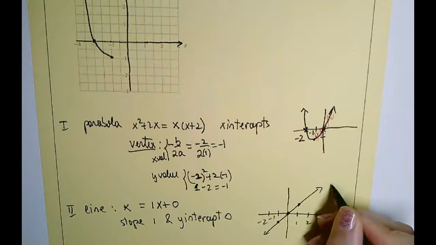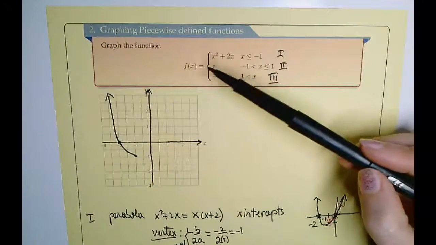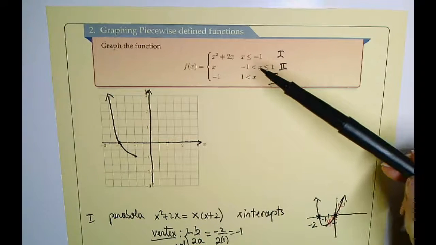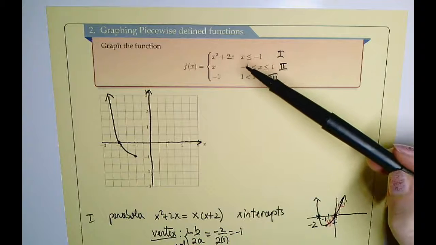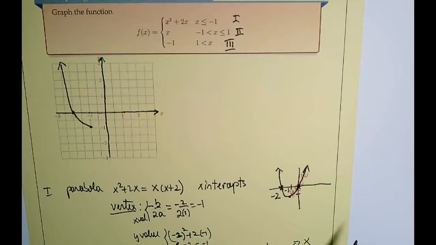So this is x. But the piecewise defined function says that the function is x only between -1 and 1, including 1, but not including -1. So the portion I'm interested in does not include this or that.